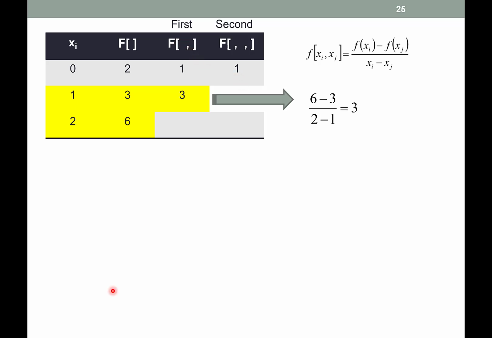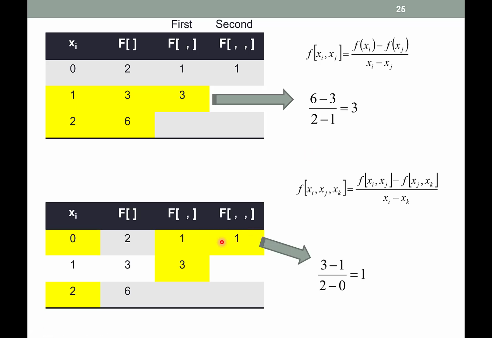Then you move on to the second order finite divided difference. In that case, we're going to be using these 2 points and the endpoints that we see here. So we have 3 minus 1 divided by 2 minus 0 to get this last second order finite divided difference point, which is a 1.